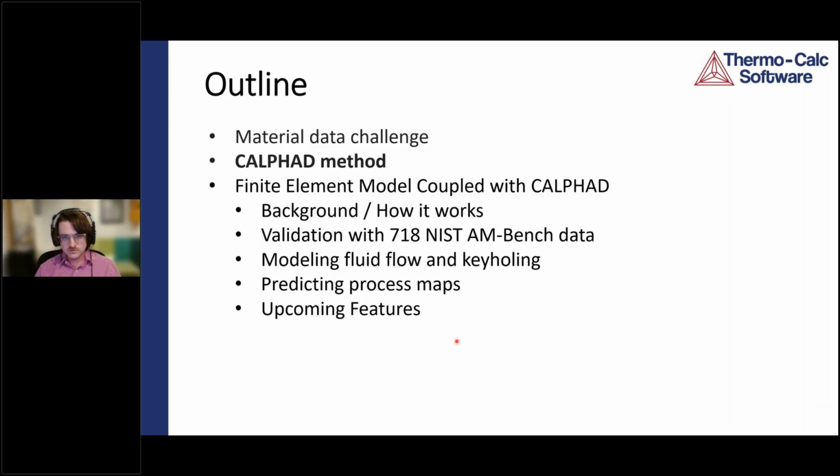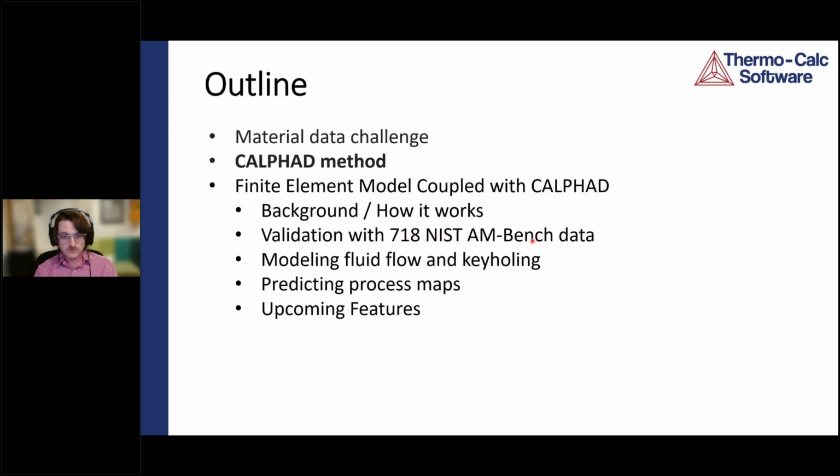and hopefully that'll be useful to you. And then I'll shift gears after we cover those basics, and I'll talk about the finite element model that we've coupled inside our software and how it works. And we'll go through a case study with alloy 718 that we pulled from the NIST AM-Bench data.